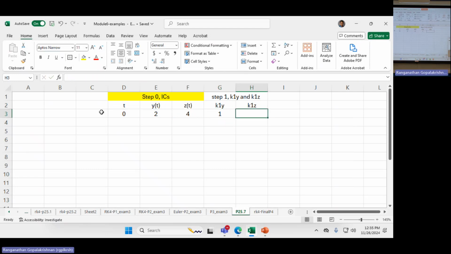That is K1y, and K1z is minus the value of y times the value of z squared, minus 32. Something not correct? Sorry? Good, okay.